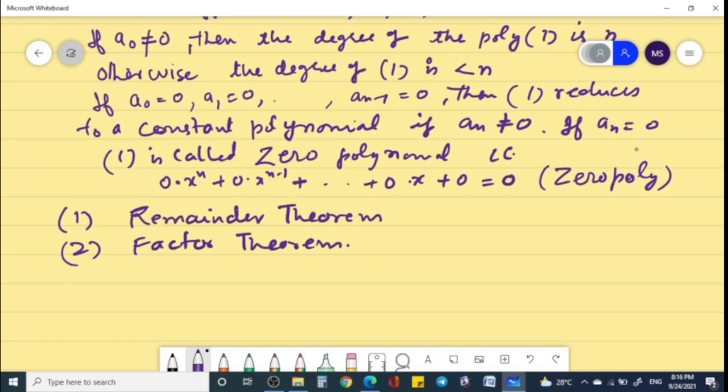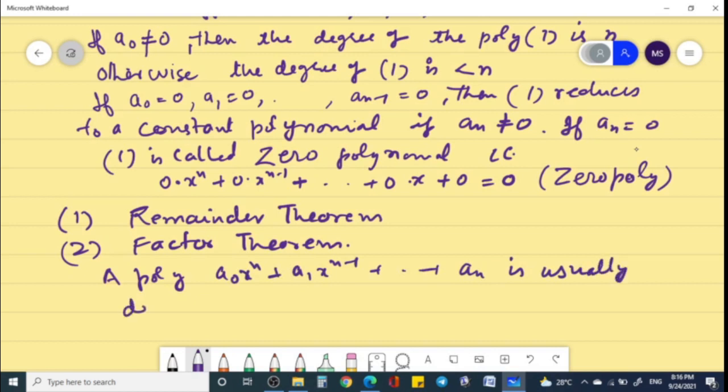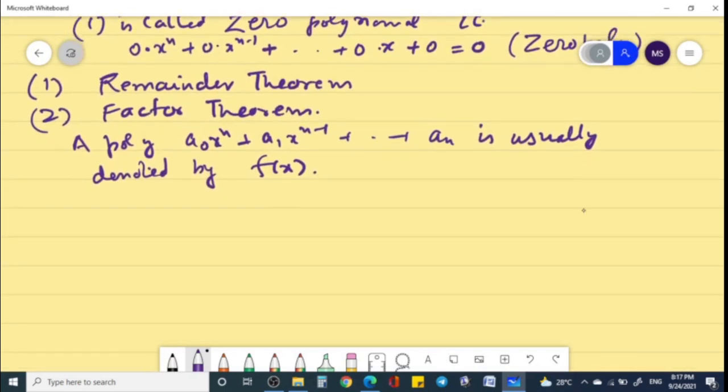Before this, we would like to say that a polynomial a naught x^n plus a1 x^(n minus 1) plus ... plus a n is usually denoted by f(x).